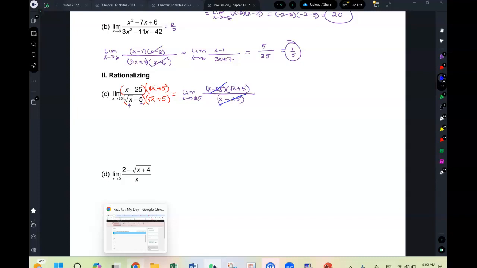That's why you had that situation. So now all this is the limit as x approaches 25, root x plus 5. Now I can plug in the 25, and I get 10. So you see here, limit symbol, and then the limit symbol drops.